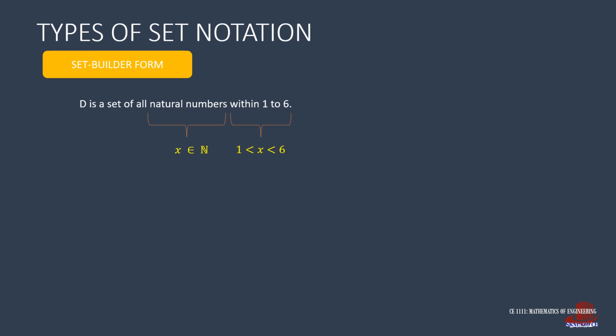The word within means 1 and 6 are not included. So having translated all conditions into mathematical statements, set D can be written as all values of x such that x belongs to natural numbers and it is between 1 and 6.